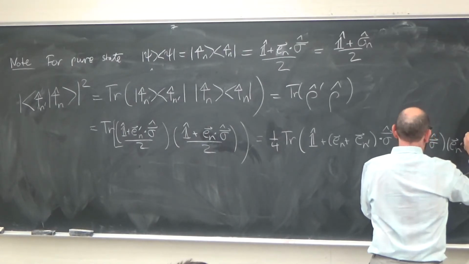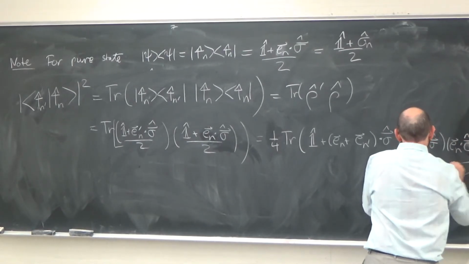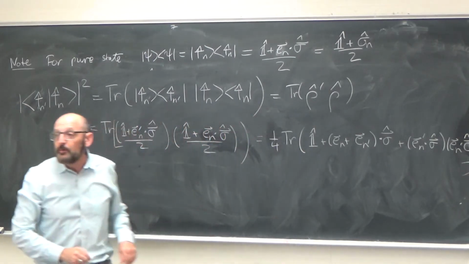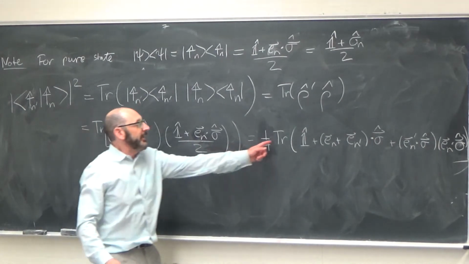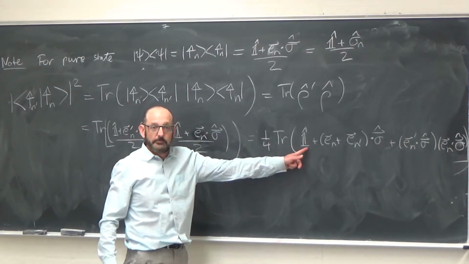Those are the 4 terms, right? Do you agree with that? Okay, trace of the identity is equal to 2.